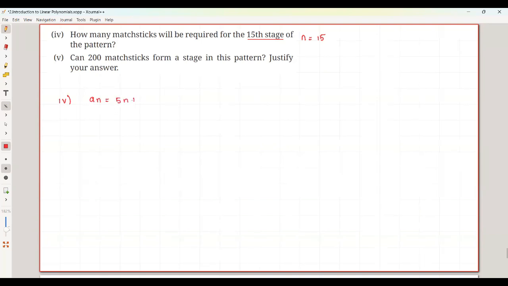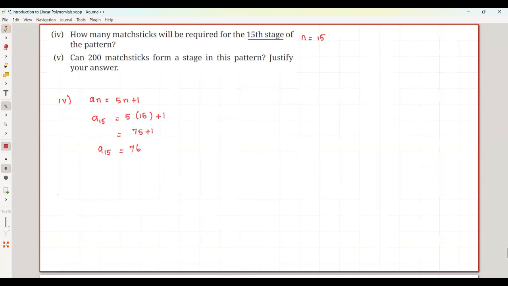In the place of n we take 15. So a15 is equal to 5 into 15 plus 1. 5 15s are 75, and 75 plus 1 is 76. In the 15th stage, we will have 76 matchsticks.